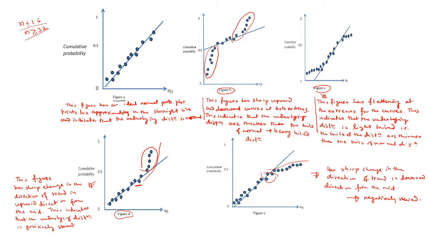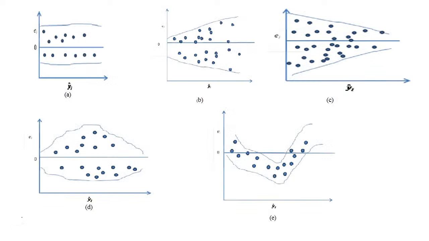So now, similarly, we see the same thing for the next plot we consider. This is the residual versus fitted value plot.